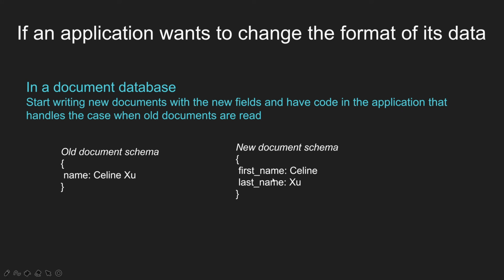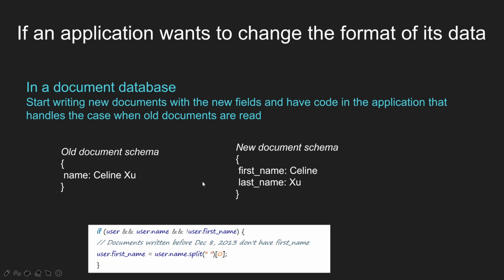We use first name and last name. So here is the code to handle the old documents. We check that the user has a name field and doesn't have a first name field, so these are old documents. Then we read the name, split the name, and read the first name. It's quite simple.